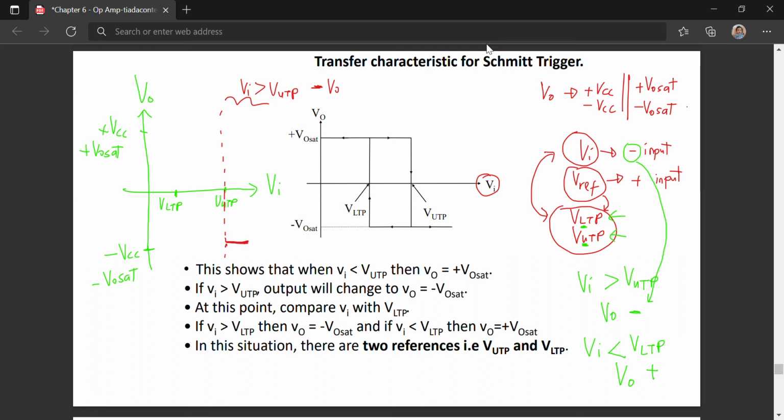And then if you have VIN less than VLTP, you will get positive.